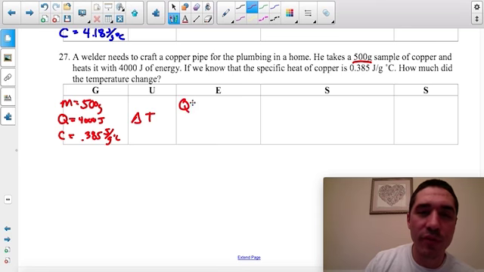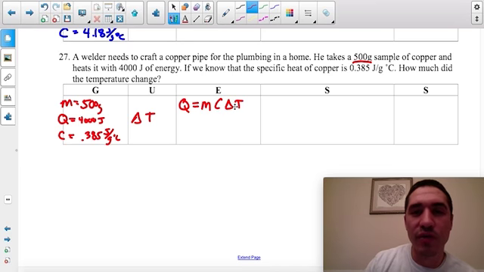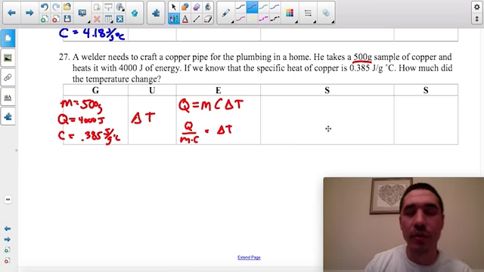So my original equation is Q equals MC change in T. If I want to get change in T all by itself, I would need to divide Q by M and C. So Q divided by M and C is equal to change in temperature.